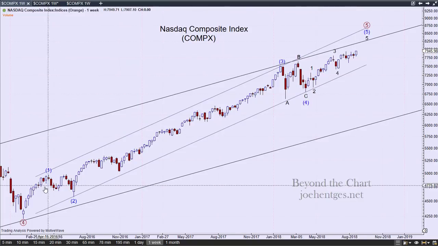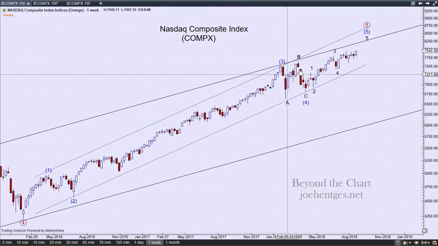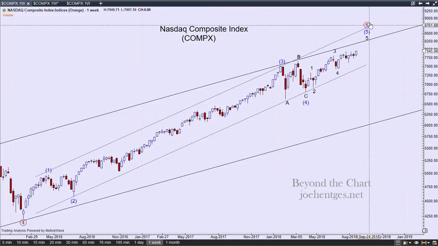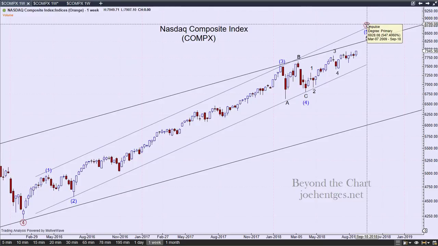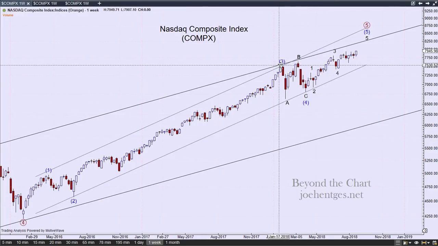So what I've done here is I've created a little channel for this last intermediate wave 5 or primary wave 5. Primary is the circled 5, and this is intermediate wave, the blue. Take a line between 2 and 4, project from 3.